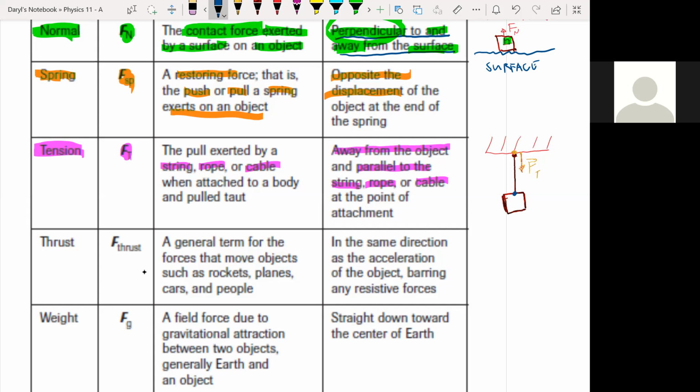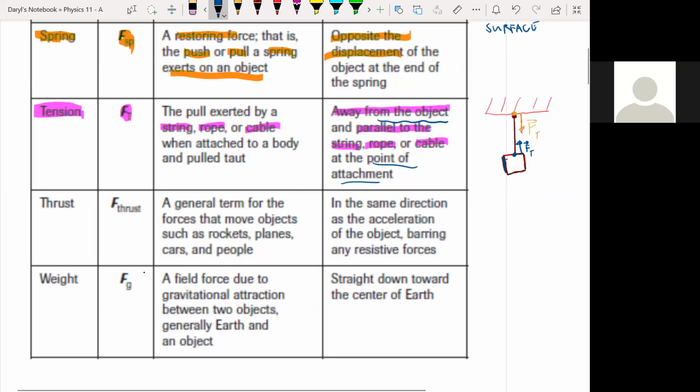The tension is actually in the opposite direction. So again, this is looking at the object being attached to the string. So Ft, if you can see, is parallel and away from the object, from the point of attachment. So that is a tension.